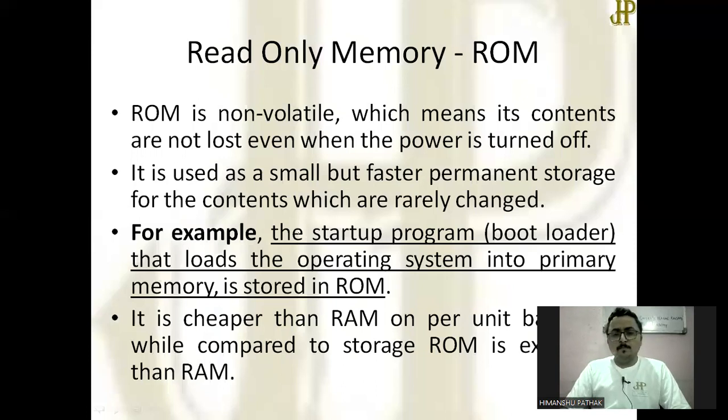The main purpose is that in ROM, the startup program is loaded. And what does the startup program do? It loads the operating system from the secondary memory into primary memory. And all those instructions are stored in ROM.